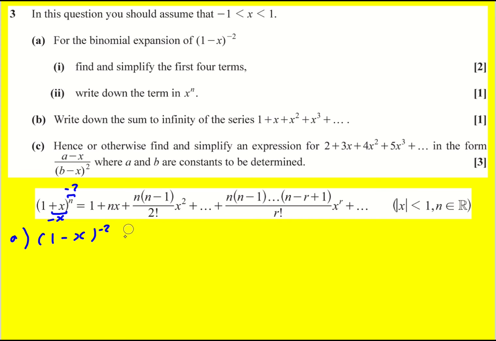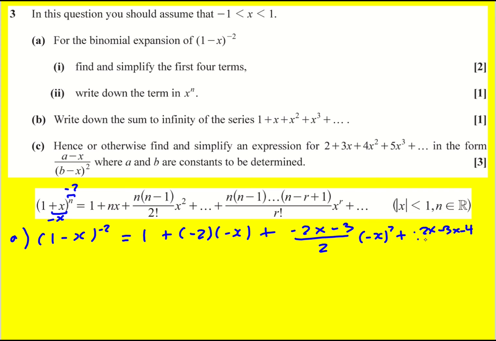This will give me 1 plus minus 2 times minus x plus minus 2 times minus 3 over 2 times minus x squared plus minus 2 times minus 3 times minus 4 over 2 times 3 times minus x cubed.